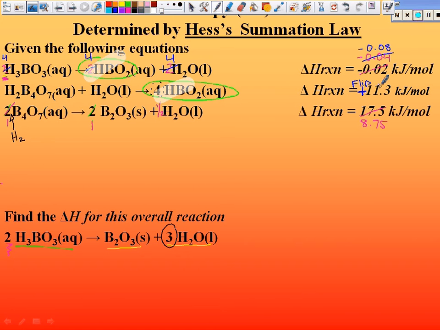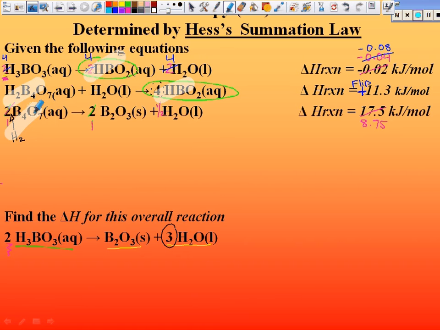Because you see how they're both on the product side? Well, we need it on the reactant side to cancel it. Yep. So not only does that cancel, what else cancels? This cancels and that cancels. Does that make sense?